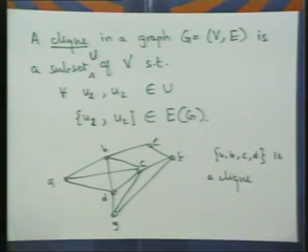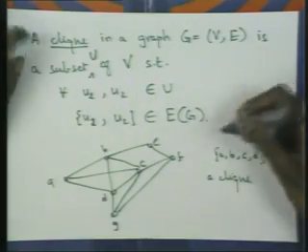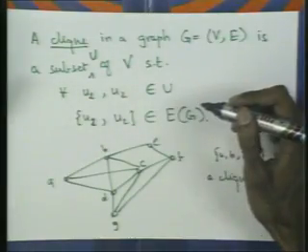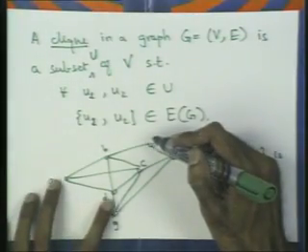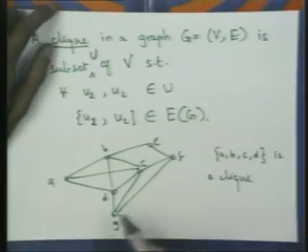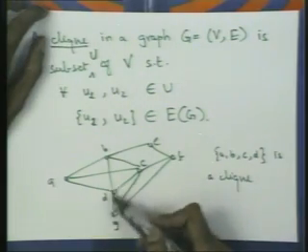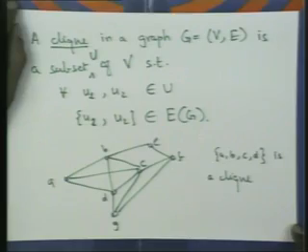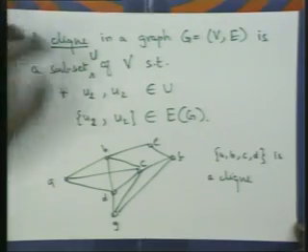If I look at these four vertices, every possible edge is present. I cannot replace C with E. A, B, D, and E is not a clique because E is not adjacent to A and D. If I just take A, B, D, that's a clique. If I take just D, C, and G, that's also a clique. This is a clique of size 3. This is a clique of size 4. It's a subset of the vertex set such that if I take any two vertices, there is an edge between any pair of them.